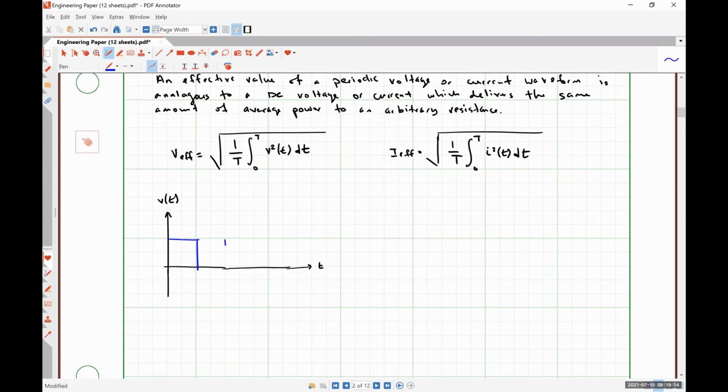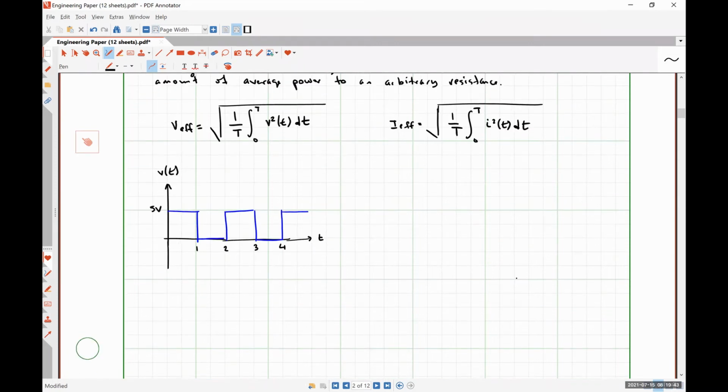And we'll make this a series of rectangular pulses having a maximum value of, let's say, 5 volts. This is going to occur at t equal to 1 second. Then it goes back up at 2, down at 3, up at 4, et cetera, and repeating. This would be representative of a simple square wave, but with a small DC offset, really.